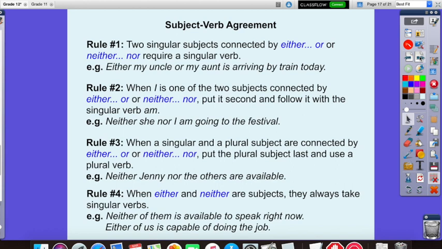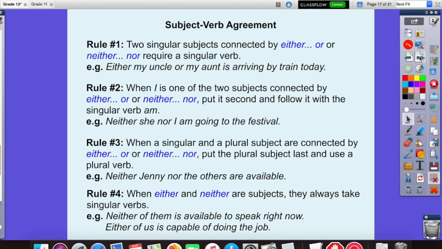Neither she nor I am going to the festival. Next, we have a singular subject, Jenny, and the plural subject, the others. They are connected by neither nor. In this case, we have to put the plural subject last and use a plural verb.